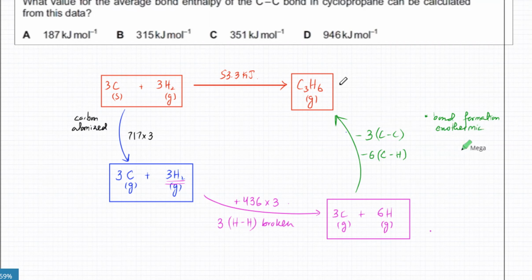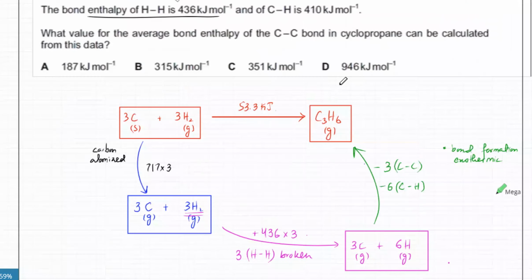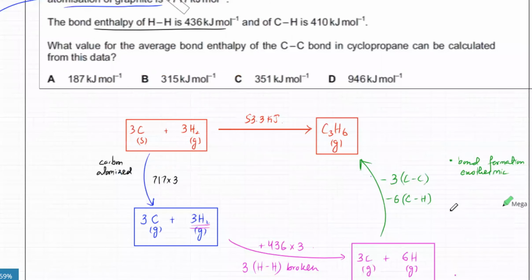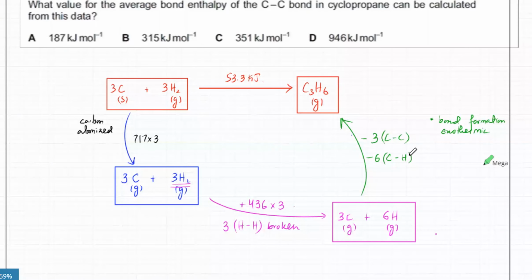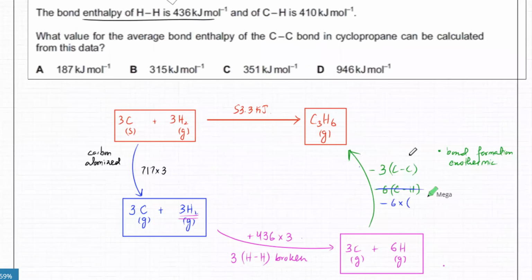He gave me the bond enthalpy of the CH bond. So I'm going to replace this with -6 times, because the bond energy of CH was given just over here, and that is 410.